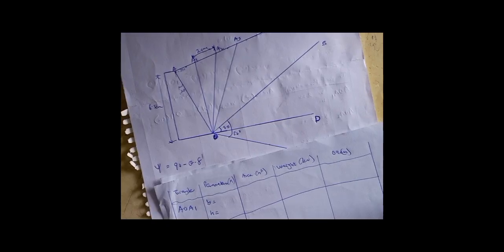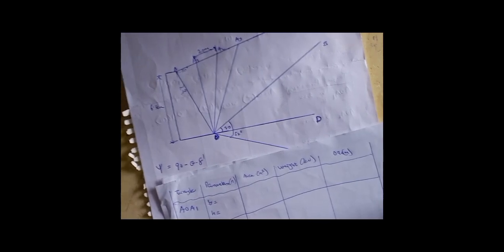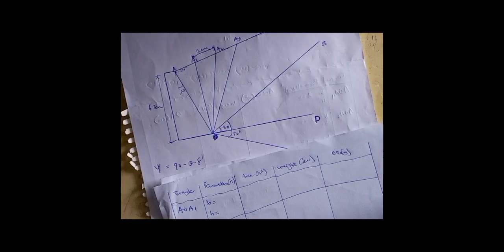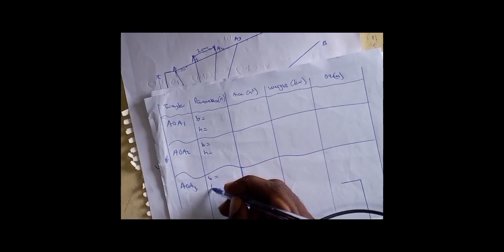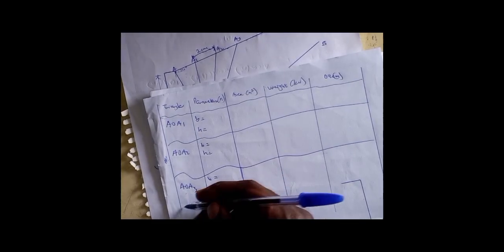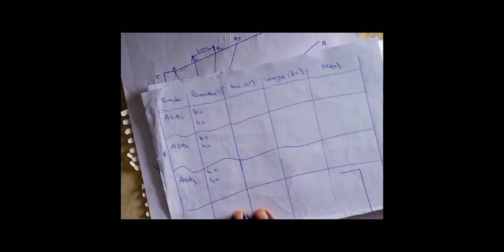The next triangle is AOA2, also having a breadth and a height. The next triangle being AOA3, also having a breadth and a height, right? So this is all I have. But if you have more, you'll be having AOA4 and others.